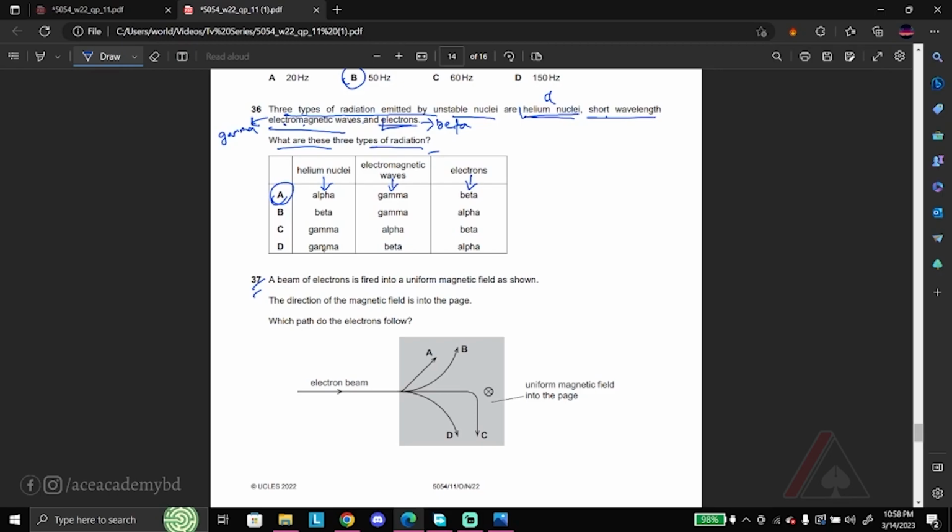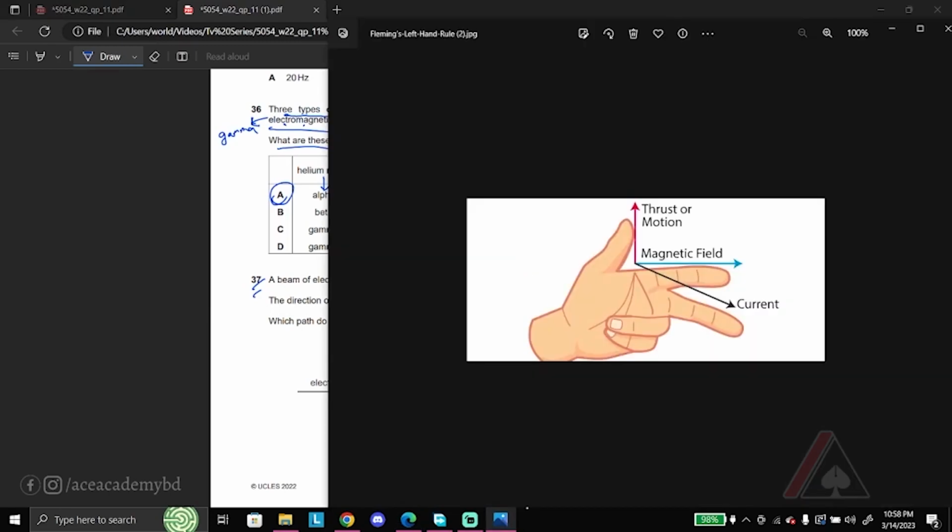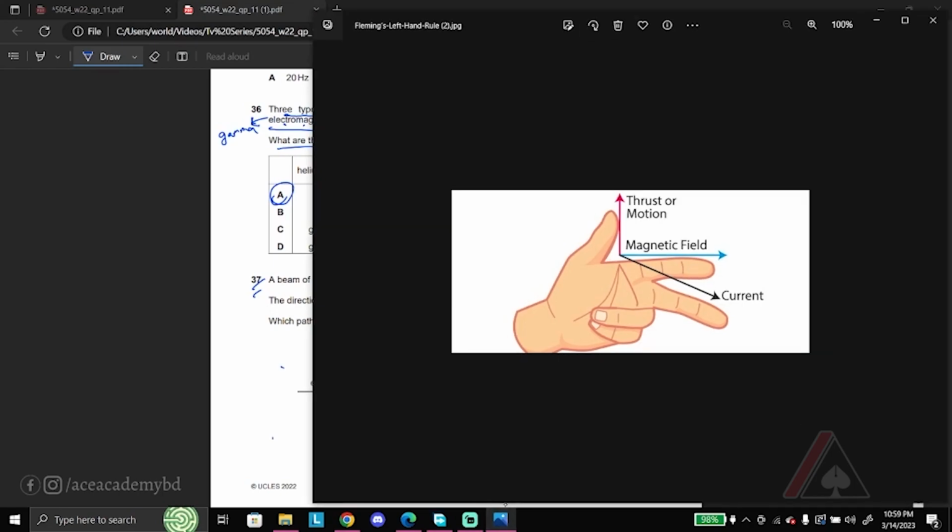It says a beam of electrons is fired into a uniform magnetic field as shown. The direction of the magnetic field is into the page. Which path do the electrons follow? So here we have to use Fleming's left hand rule to actually solve this problem. If we recall, with Fleming's left hand rule, the thumb will be the force or the motion, the next finger will be the direction of the magnetic field, and the middle finger will point towards conventional current.